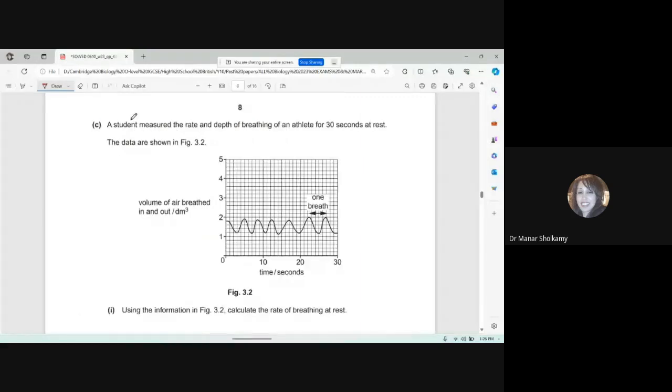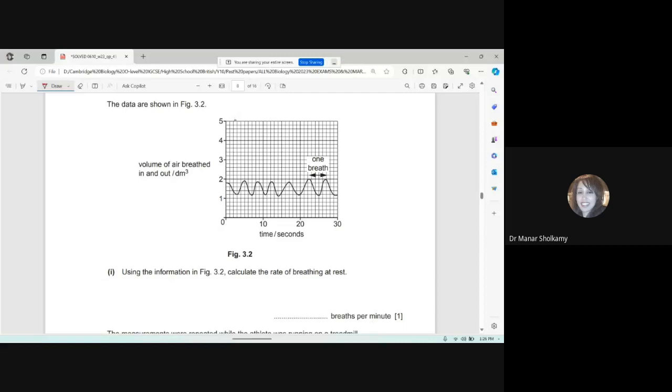Good. A student measured the rate and depth of breathing of an athlete for 30 seconds at rest, and the data are as shown. So this is his breathing rate at rest. Using the information in figure 3.2, calculate the rate of breathing. How do you calculate the rate of something? Volume over time. Okay, any measurement over time.